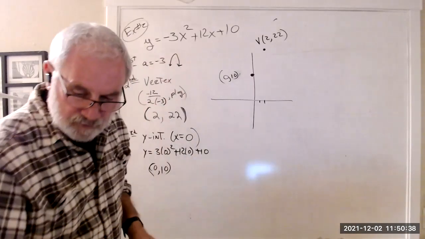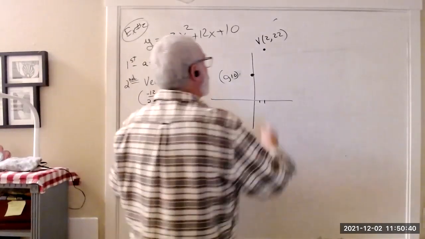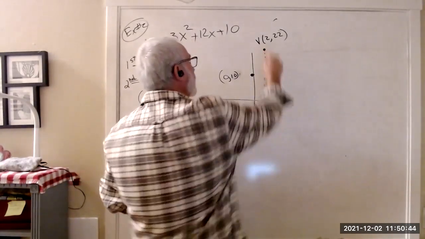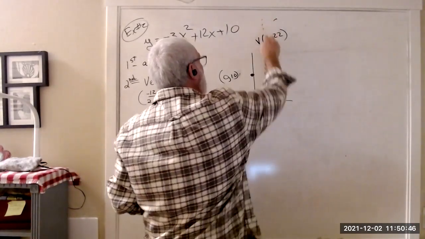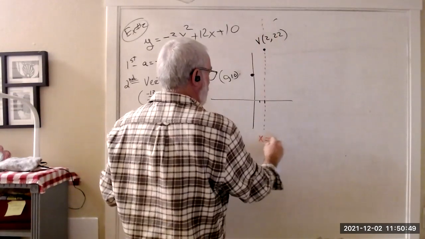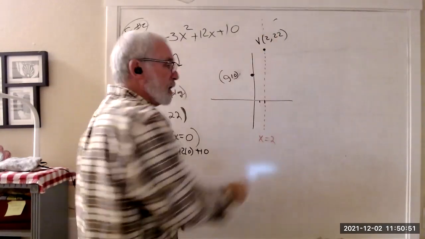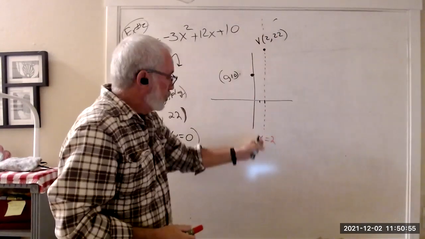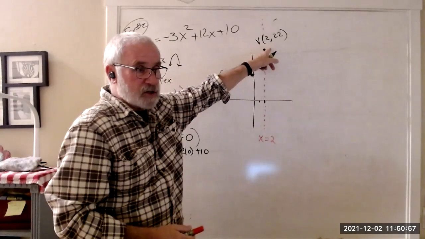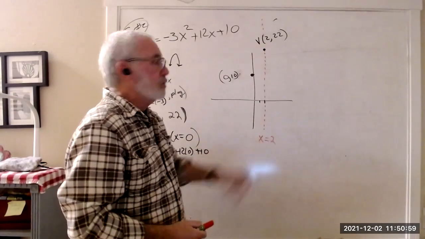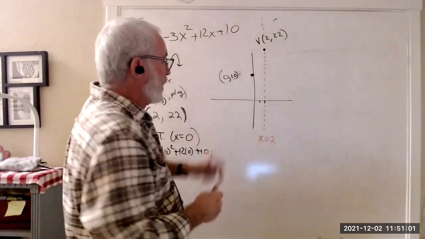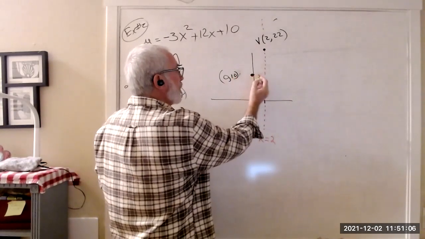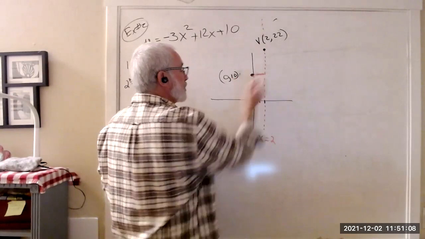All right. The axis of symmetry is the line that goes through the vertex. Its actual equation is x equals 2. It's a vertical line through the vertex. That's its equation. Now we can reflect this point. How far is this point from the axis of symmetry?